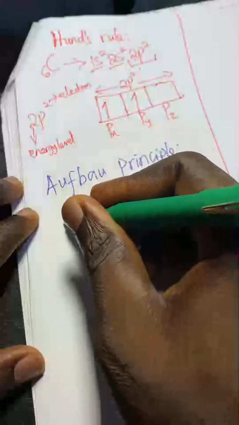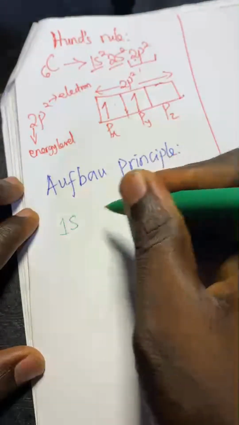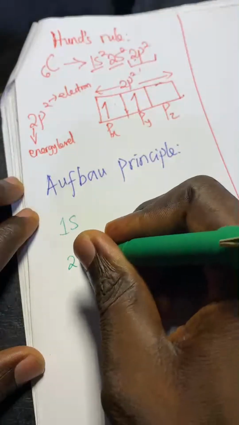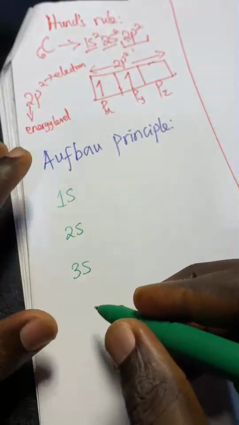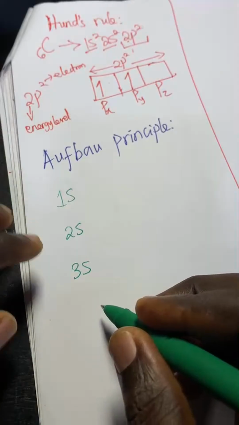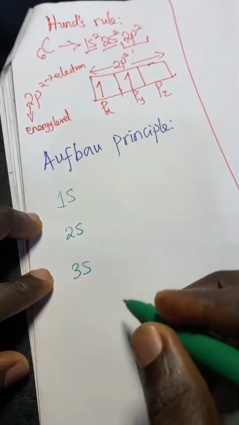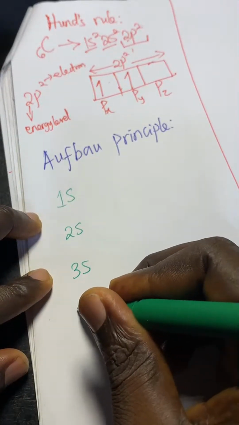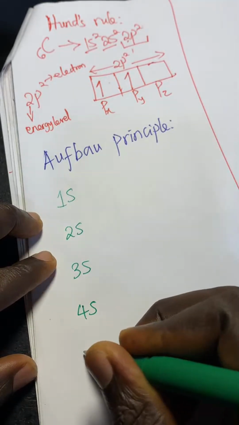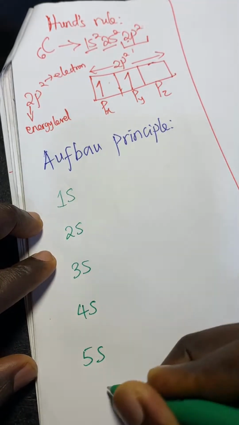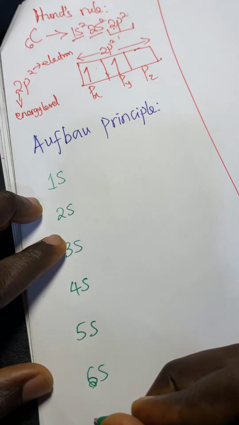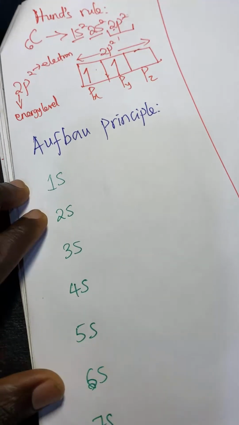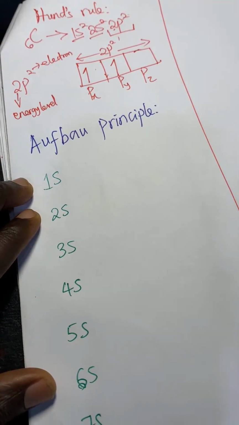Permit me. Let's go this way. We have 1s, 2s, 3s. All these numbers at the back of the respective orbitals stand for energy level. Then we have 4s, 5s, 6s, and 7s.